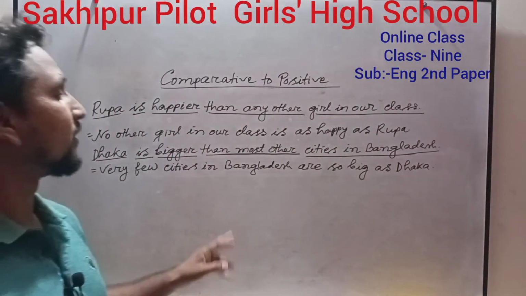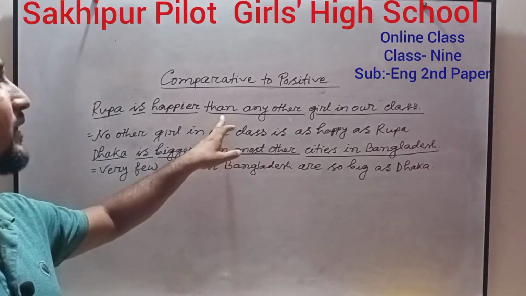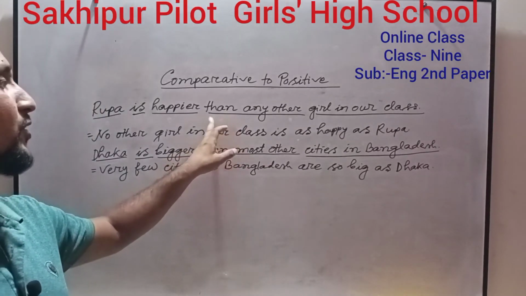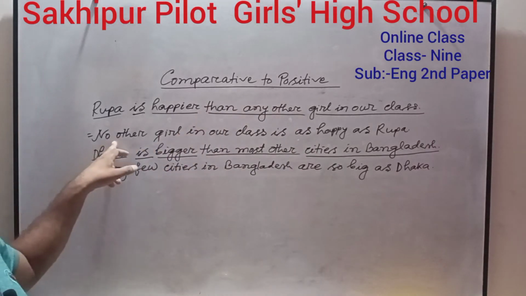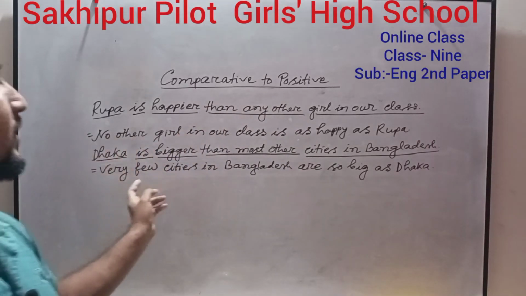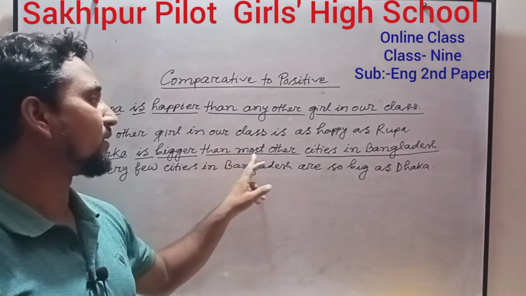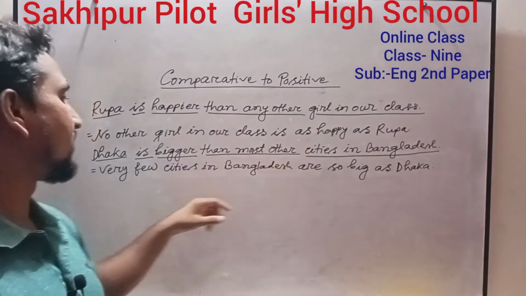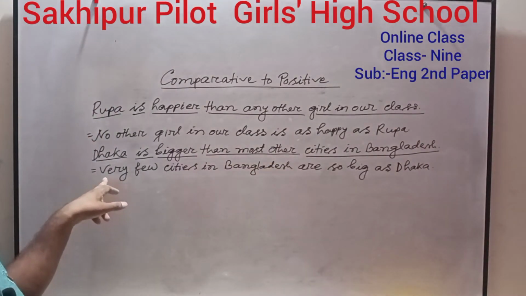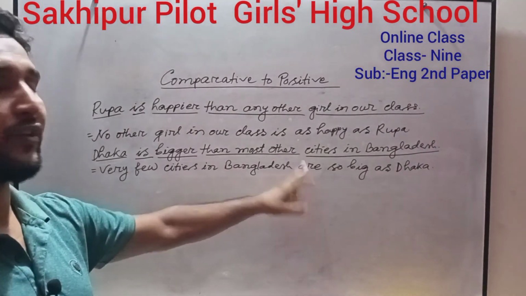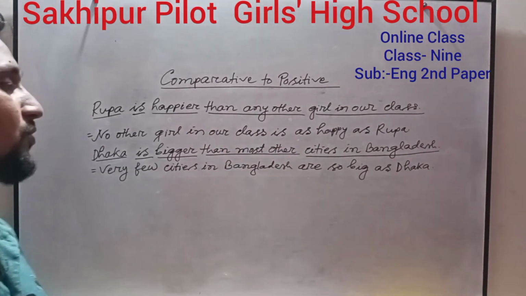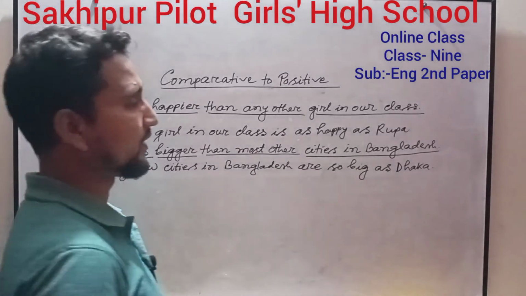You have to remember, if this comparative degree belongs to "than any other", the positive degree will start with "no other". If the comparative degree belongs to "than most other", the positive degree starts with "very few" and the verb will be plural form. Only this is the difference between the two examples. Okay, come to another rule.